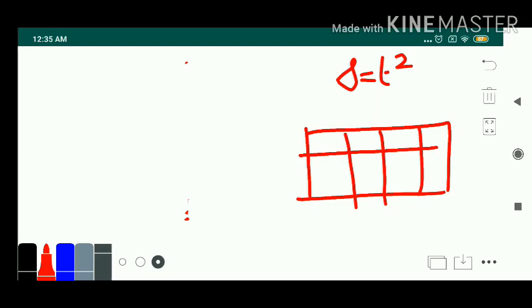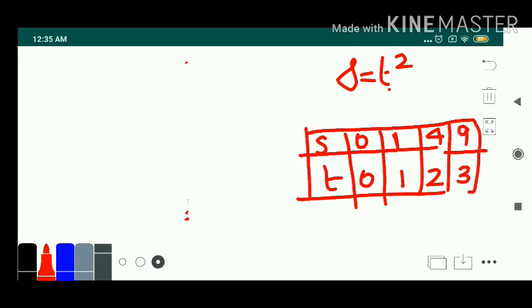This is s, this is t. When t is 0, s is 0. When t is 1, s is 1. When t is 2, s is 4. When t is 3, s is 9. Just put the values.